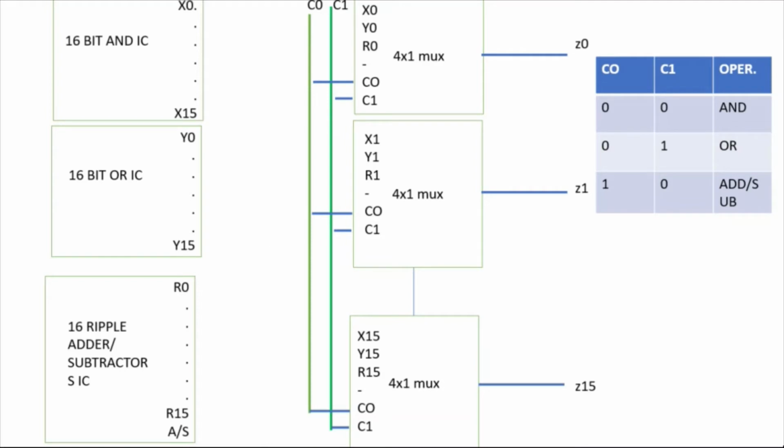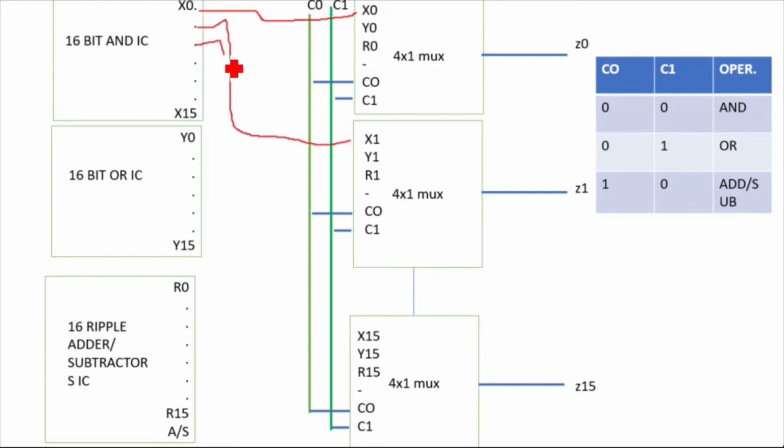So how will you do the connections? We will start from here, X0. X0 will be connected to the X0 of the mux. Now this is X1, and this X1 will be connected to the X1 of the second mux.